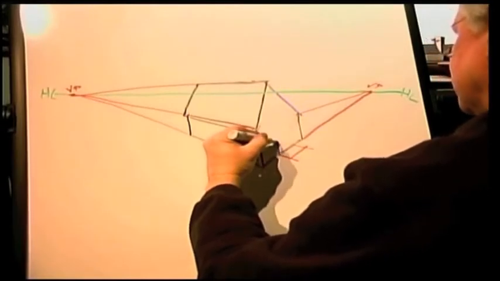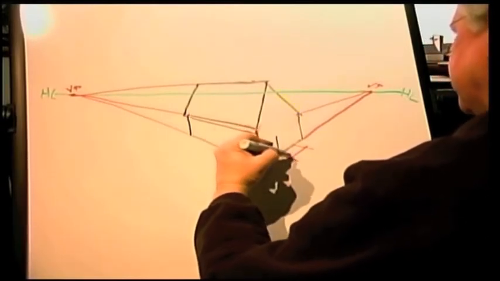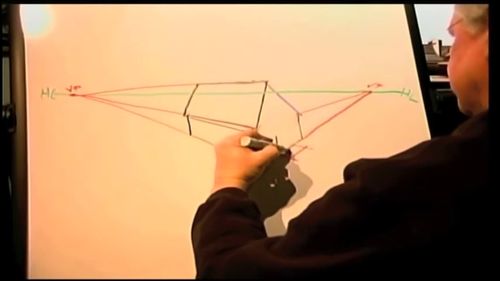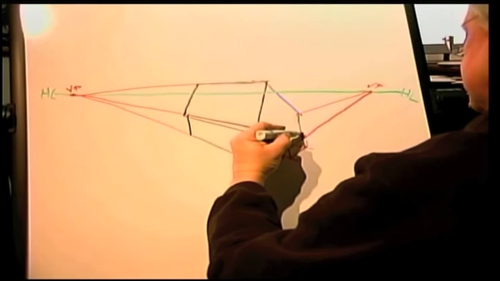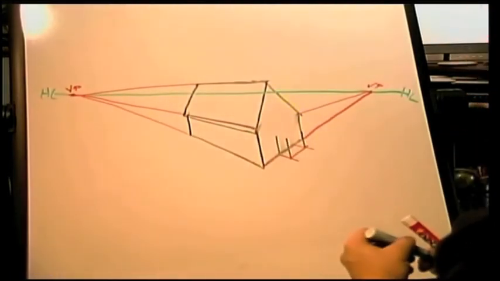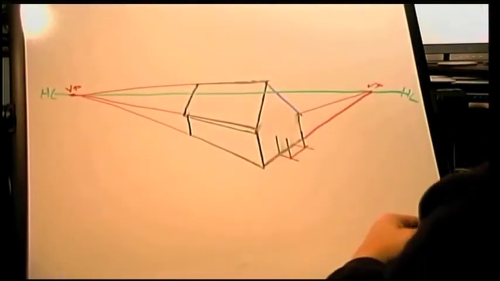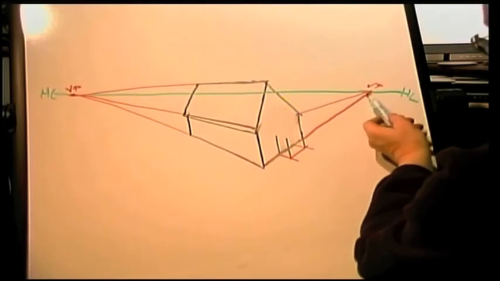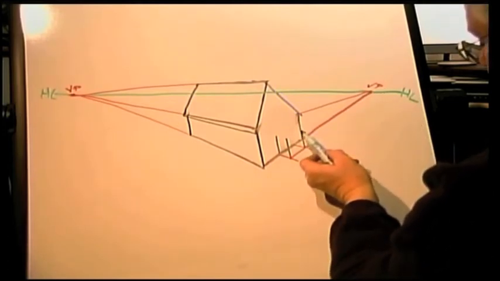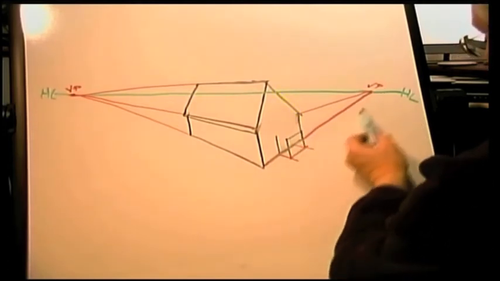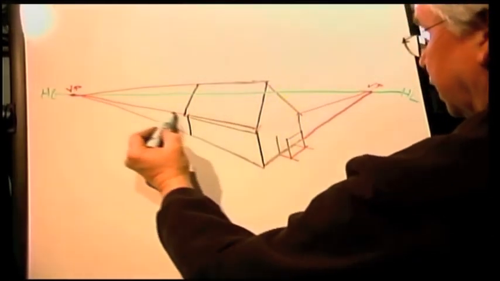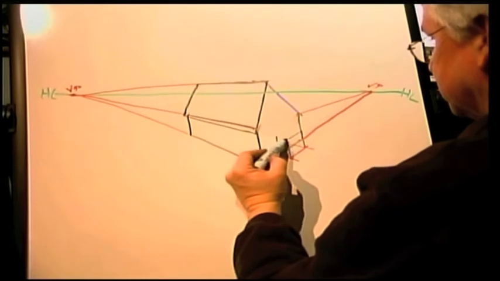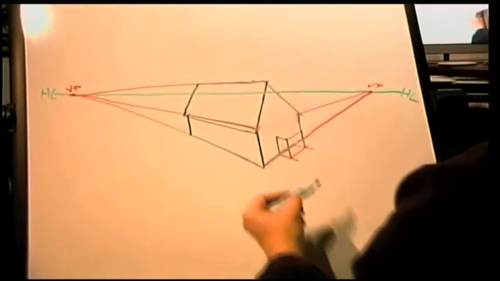And then I'm going to come straight up and then build that frame like that. I have to rely upon my vanishing point this way to give that part of the edge of the chimney, and go that way.